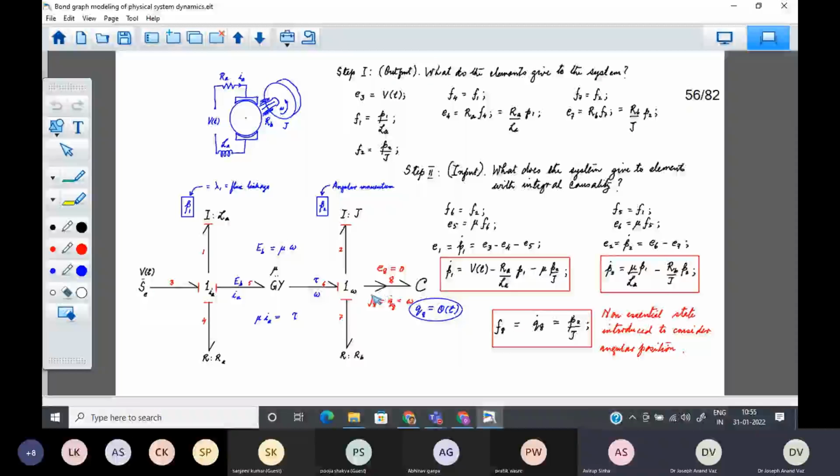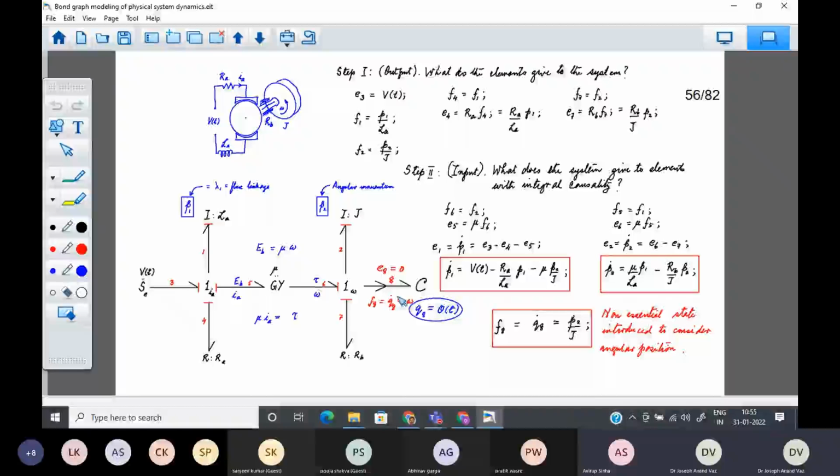What it is doing is just pulling out the flow, the angular velocity, and telling it to the C element. The C element is just going to integrate that angular velocity and determine the angular position, which is of interest to us. So it's just performing an integration task. But because it is a sensor, it is not going to alter the dynamics of the system.